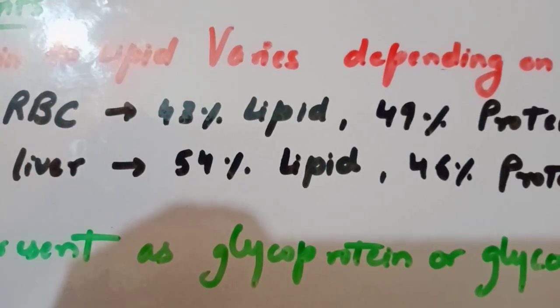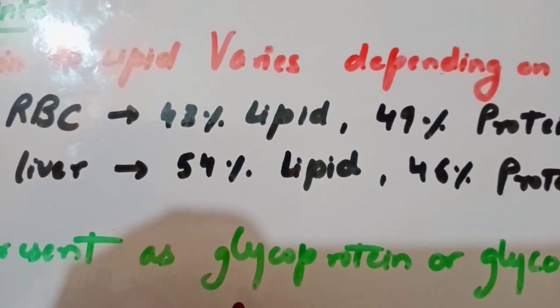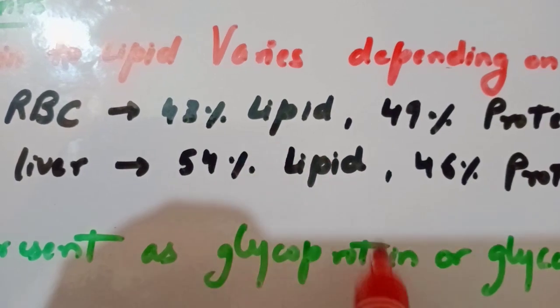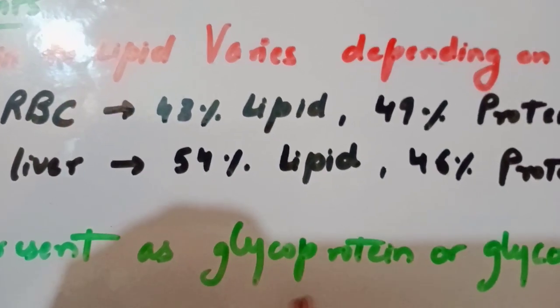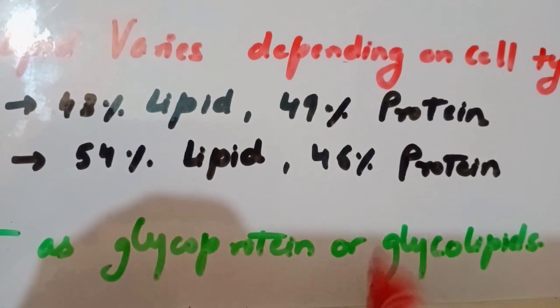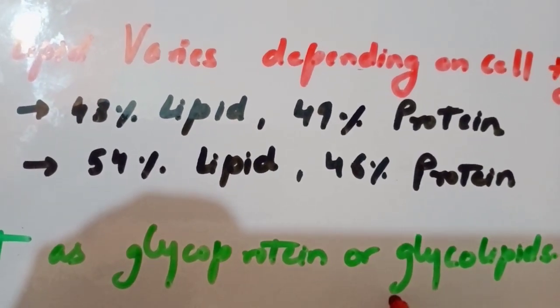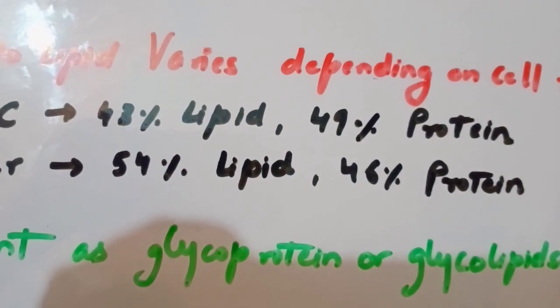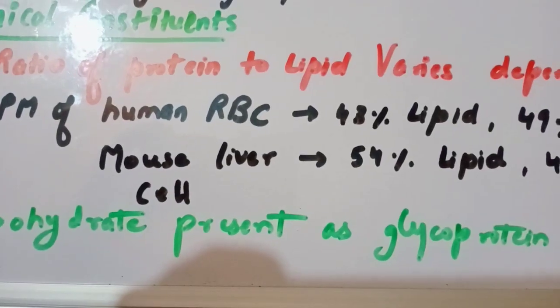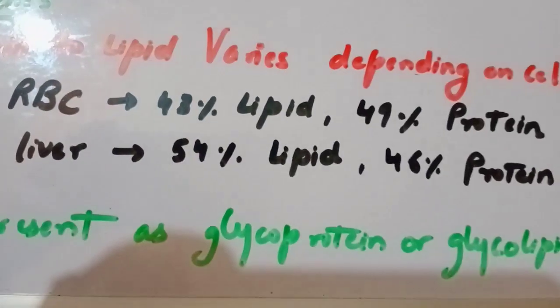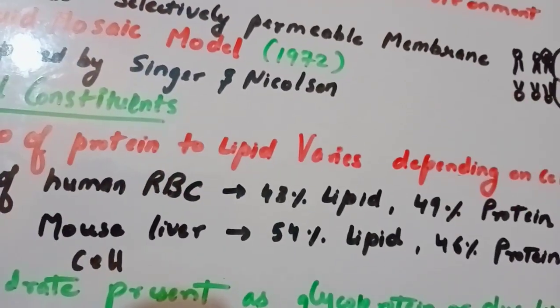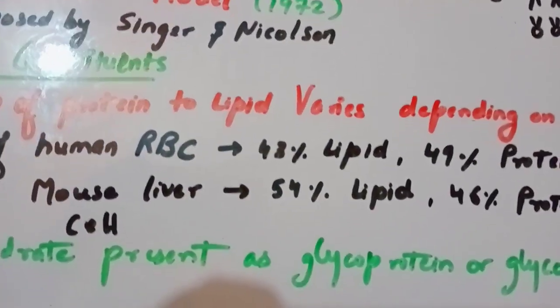If carbohydrate is attached to lipid, they are called glycolipids. Carbohydrate is present either as glycoprotein or glycolipid in the plasma membrane structure.